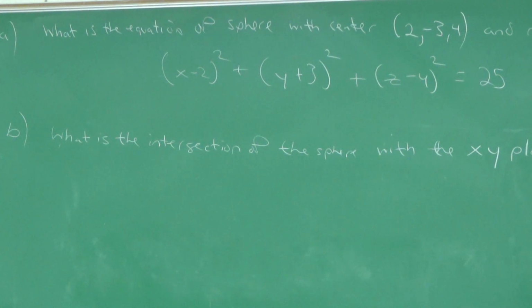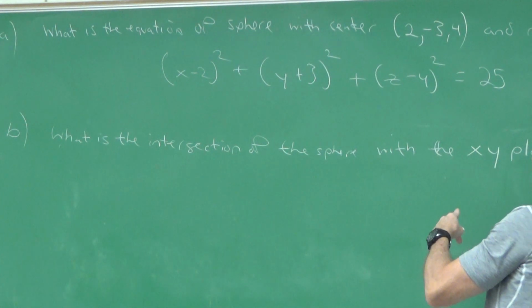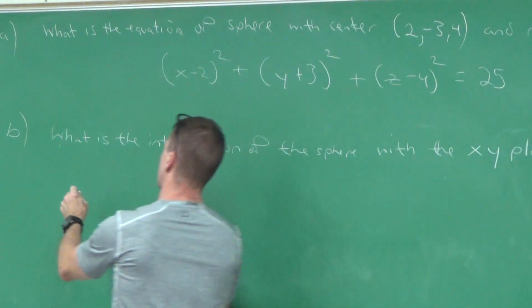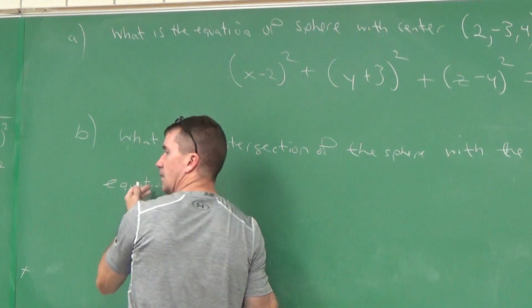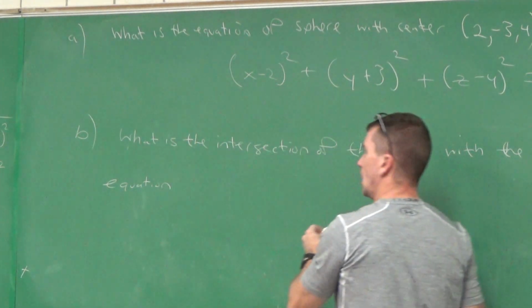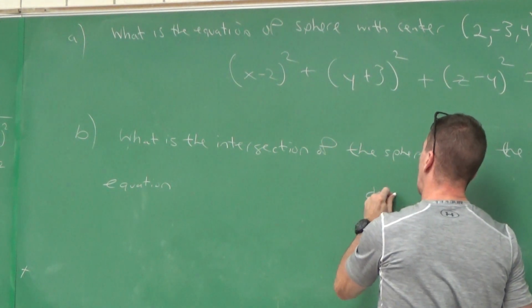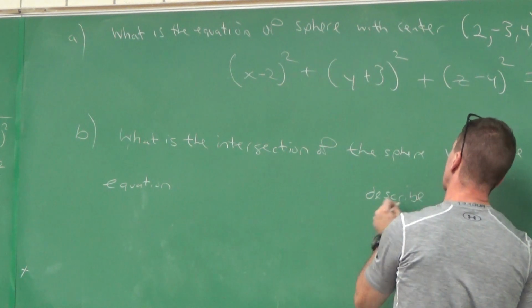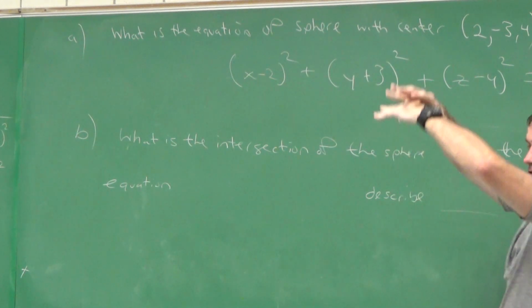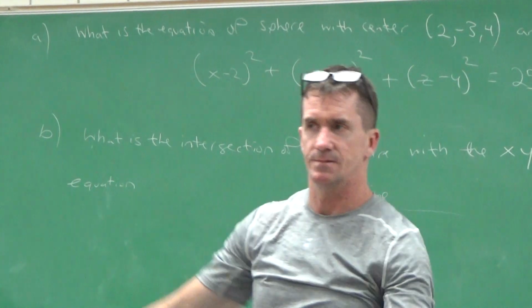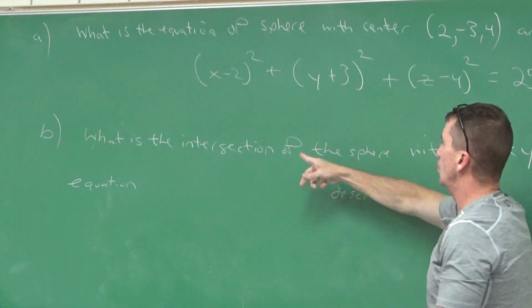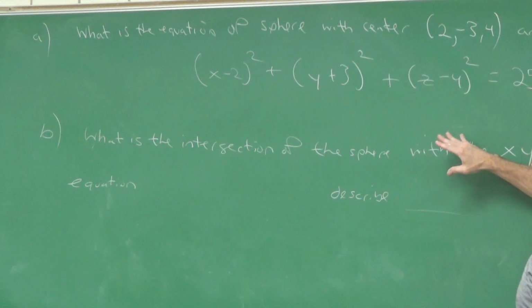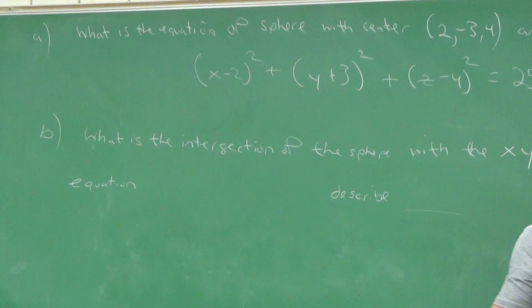What is the intersection of the sphere with the XY plane? What I'd like you to do is, first, can we come up with the equation of what we're talking about? And then can you all help me describe what this would look like. So here's this gigantic sphere, we know the radius was 5, that's the center. We have to find the intersection of that sphere with the XY plane.